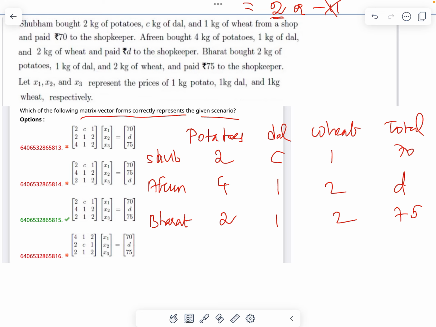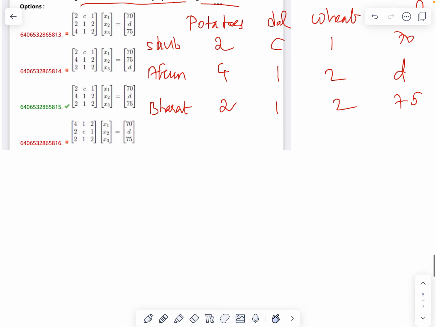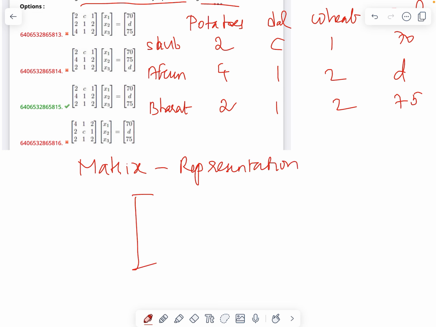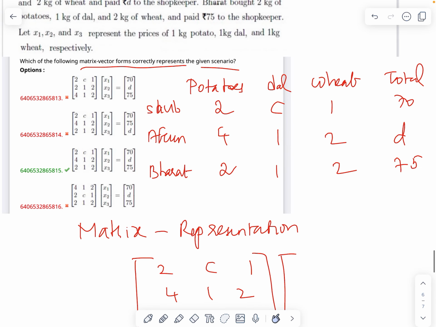So we wrote from the question. Now we should frame the matrix representation of the above. It is the matrix with rows 2 3 1, 4 1 2, 2 1 2, and they have given the variables to be taken as x1, x2 and x3.